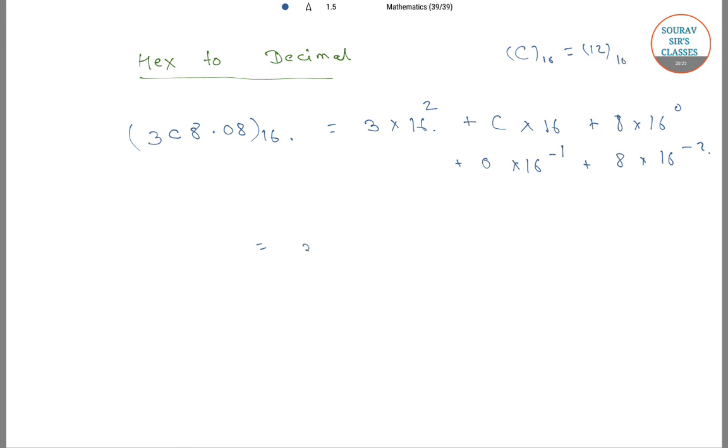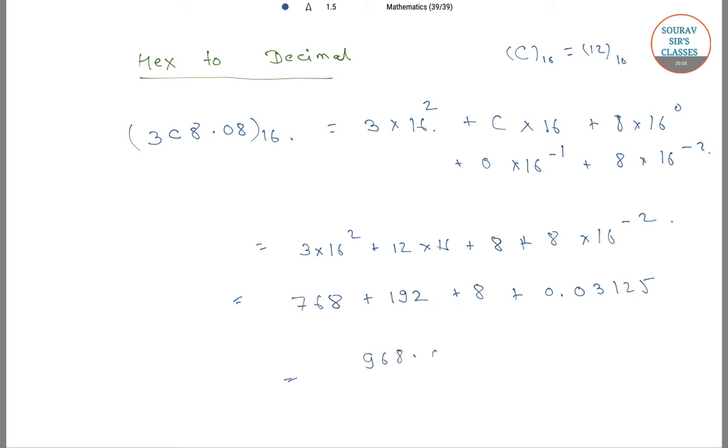So we have 3 into 16 squared plus 12 into 16 plus 8 plus 8 into 16 raised to the power minus 2, which equals 768 plus 192 plus 8 plus 0.03125, which equals 968.03125. So this is its decimal equivalent.